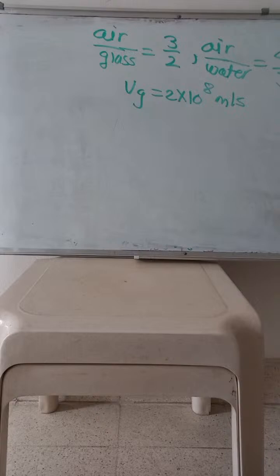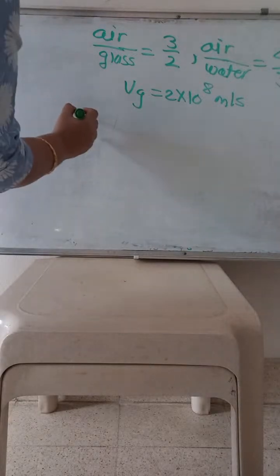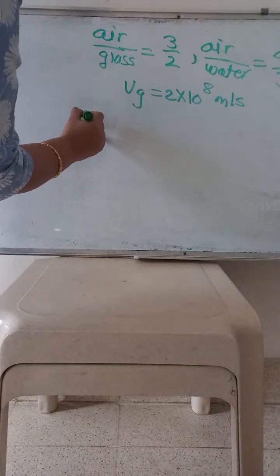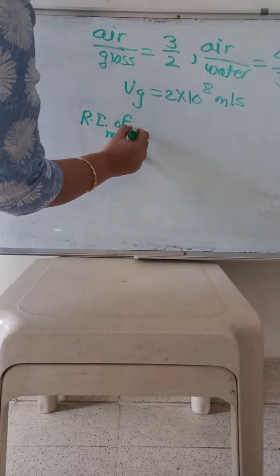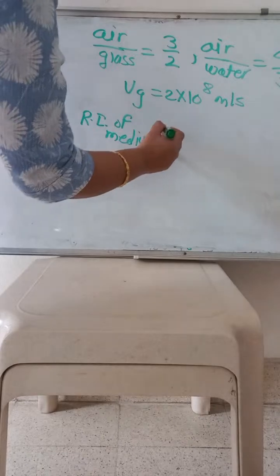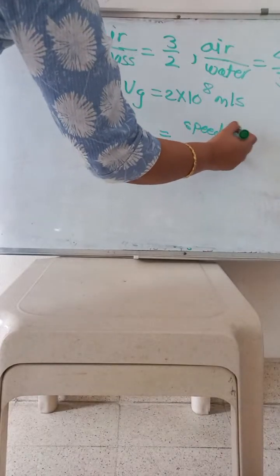So how to calculate the answer for this? So first you can find out the refractive index of the medium. Okay, so how to calculate the refractive index of a medium? So refractive index of medium is equal to what? Speed of light.